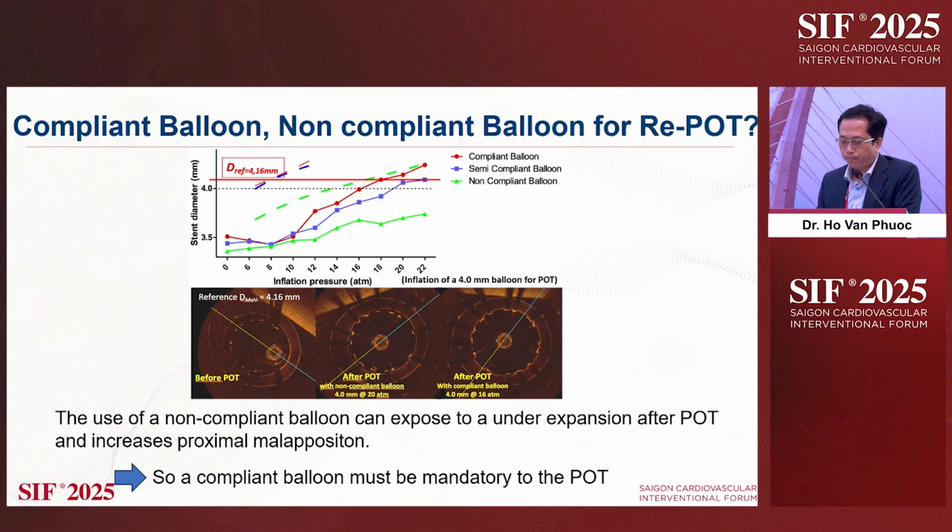A crucial starting point is balloon selection for POT and re-POT. And the data show that using non-compliant balloons can lead to under-expansion after the POT and increase proximal malapposition. So it says that non-compliant balloons must be mandatory for the POT.